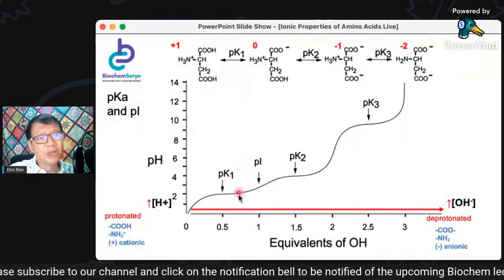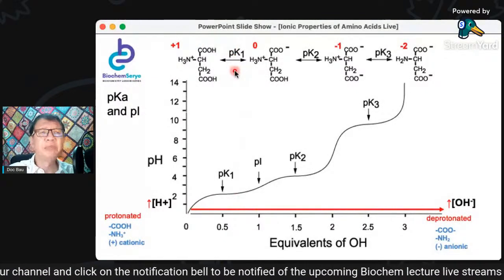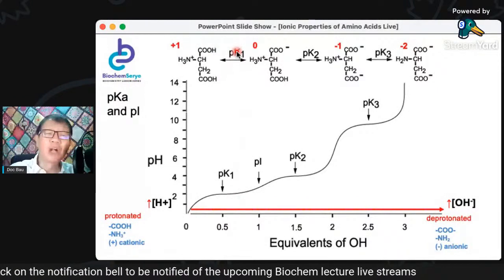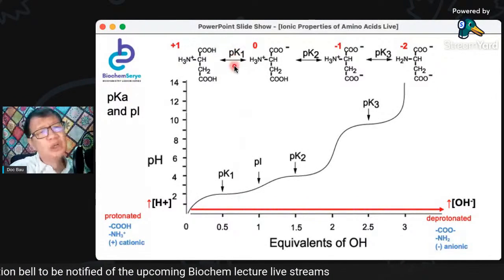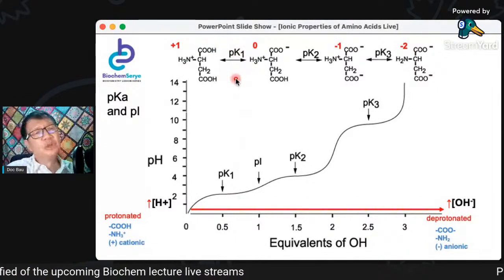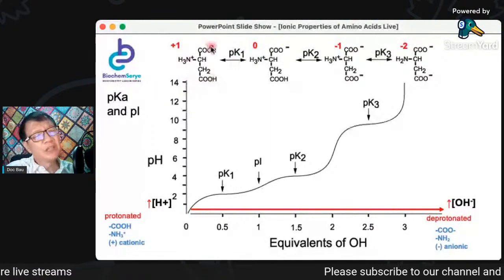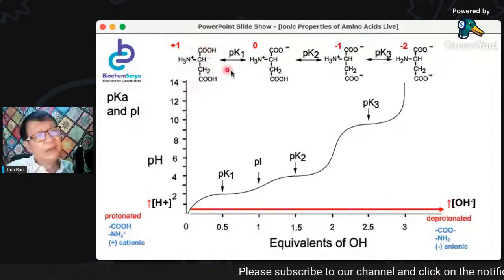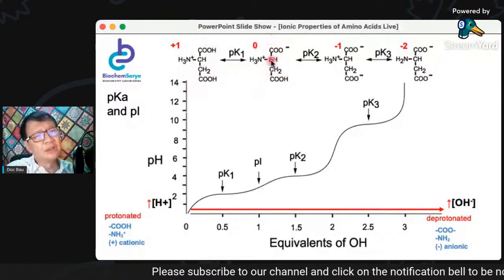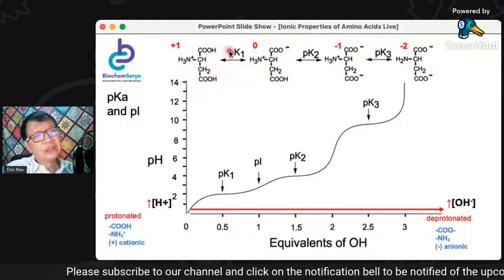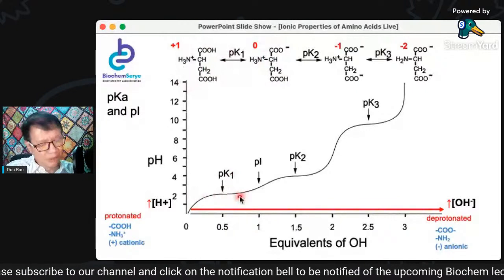For example, this is the pKa value of your alpha amino. Let's presume that this is 2 and the pH is at 2. You can very well say that you have 50% of this ionic species, the plus 1, and 50% of the zwitterion. And it is at this point that you have the greatest buffering capacity.